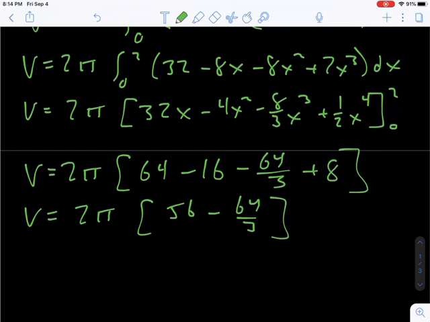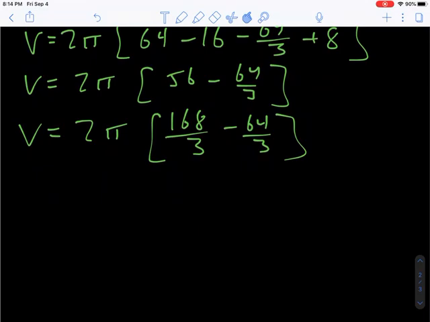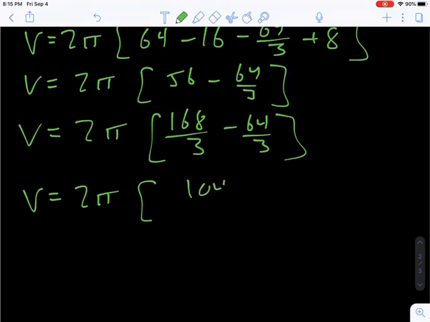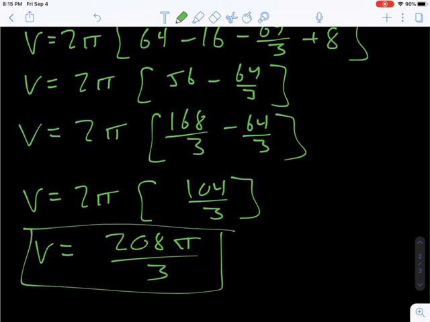And 56 is 168 thirds minus 64 thirds, times the 2 pi. Now volume is 2 pi times 168 minus 64, which is 104 over 3. So volume is 2 times 104 is 208 pi over 3. And there is the answer that I want, simplified in terms of pi.